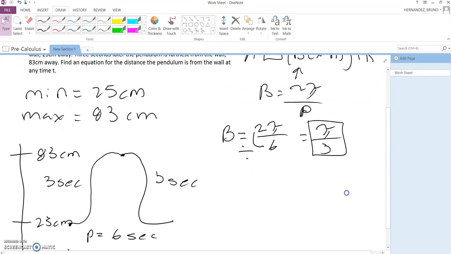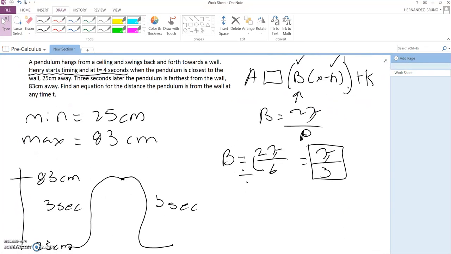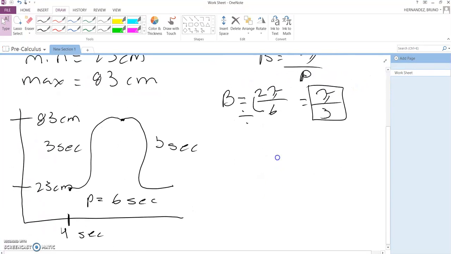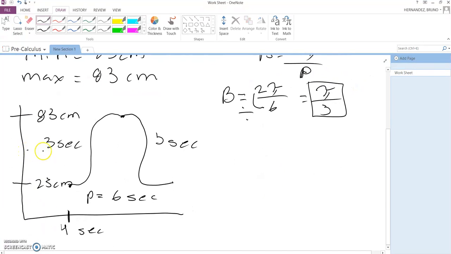So now we have to find our midline. In order to find our midline, we have to get our max and subtract our min.